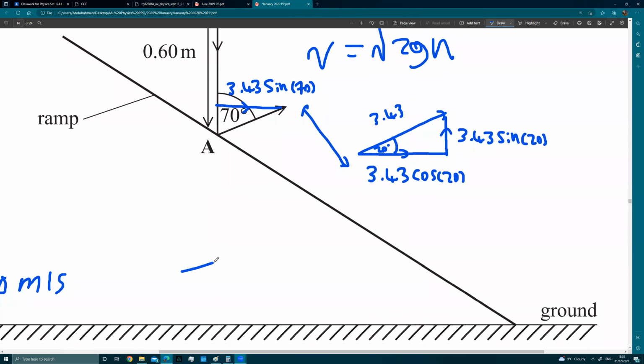Why? Because this is the triangle we now have. We have a right angle triangle over here, where this is 70 degrees, this is the horizontal, and this is 3.43. So the horizontal component, all of a sudden, is 3.43 sine 70. Does that answer your question? You could have used both, depending on what triangle you picked.